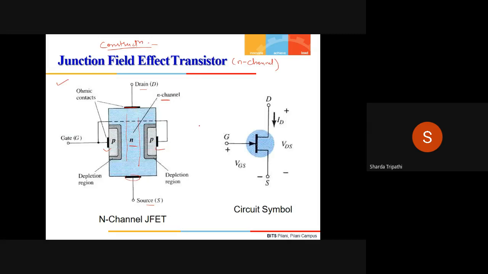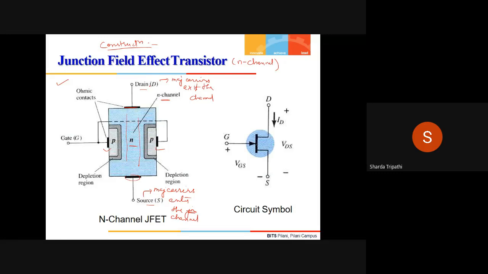But once you apply the external voltages, you need to keep in mind that the source is the terminal from where majority carriers enter the channel, and likewise the drain is the terminal from where the majority carriers exit the channel. So that is how you differentiate between the source and the drain.